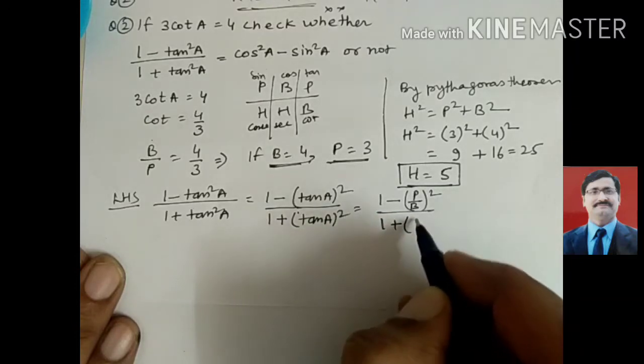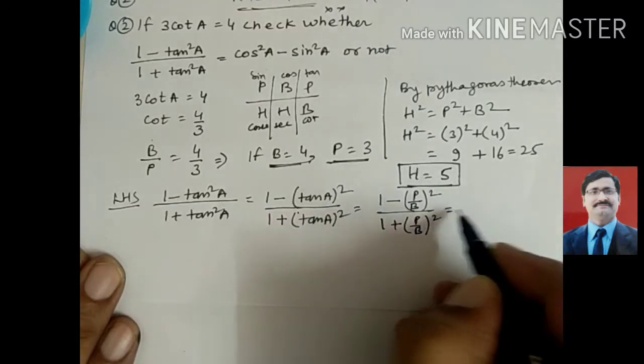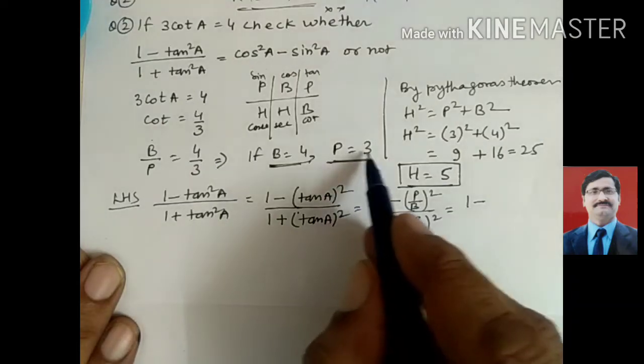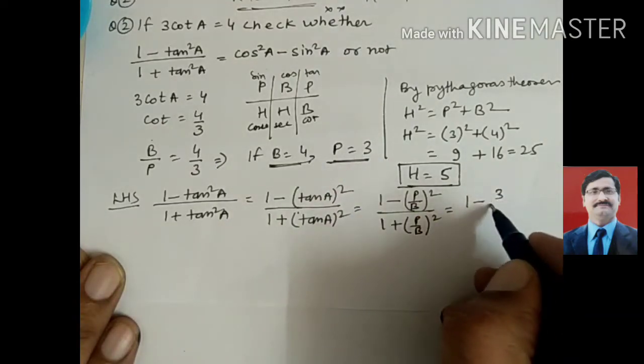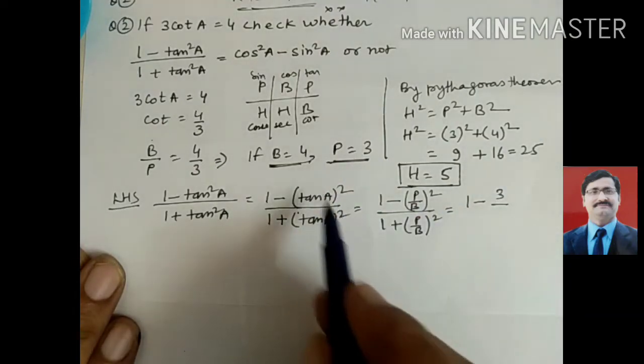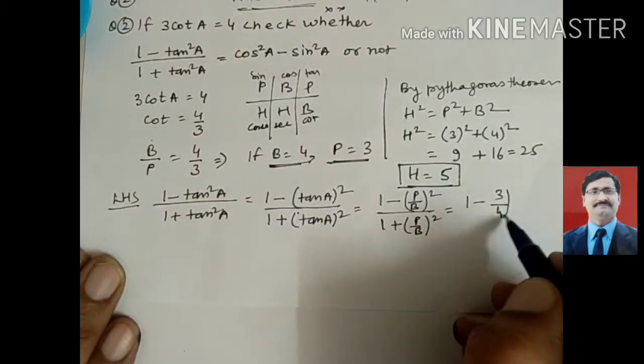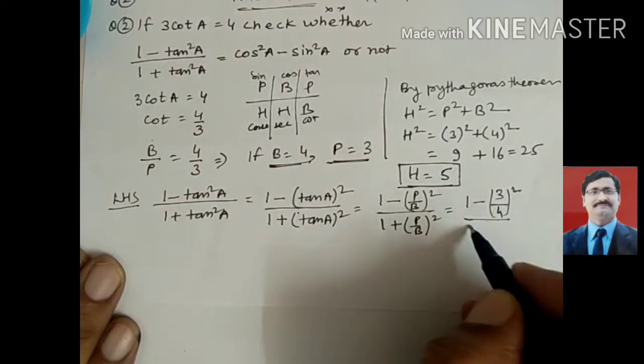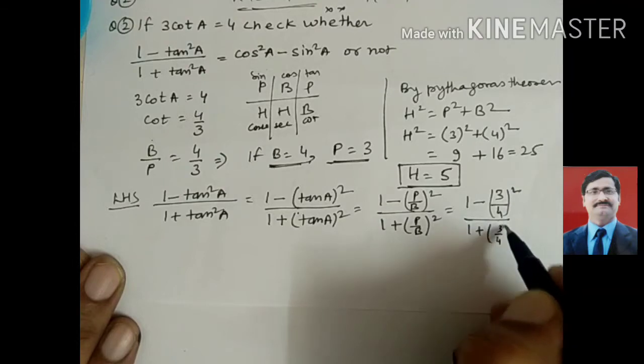Perpendicular is 3 and base is 4, so you can write (1 minus (3 upon 4) whole square) upon (1 plus (3 upon 4) whole square).